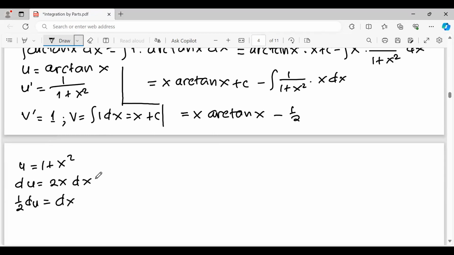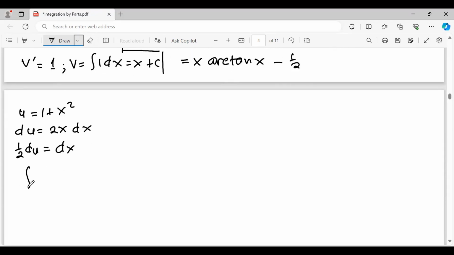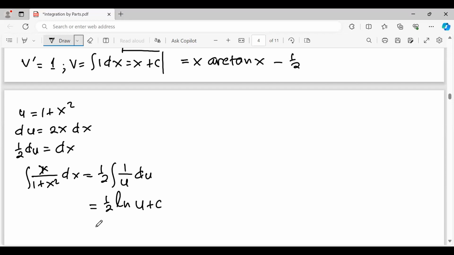So this integration, integrals x over 1 plus x squared dx, can be written as half integrals 1 over u du, so it is half ln u plus c, or half ln 1 plus x squared plus c.